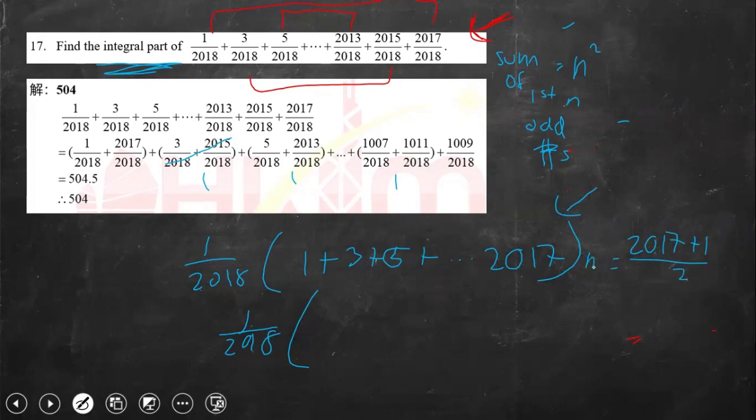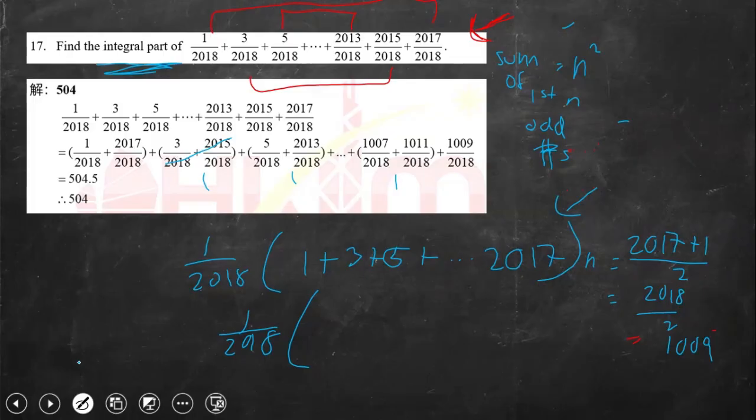N, the number of terms, is 1009. Why does it seem wrong? Am I missing something? 2018 to 2017, then the sum of the first n odd numbers. Yes, so 1009, from 1 to 2017. Right? 1009.